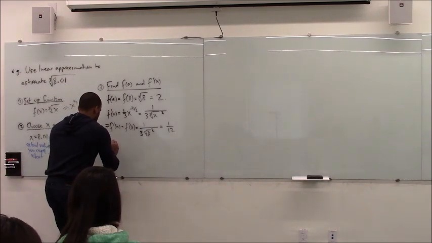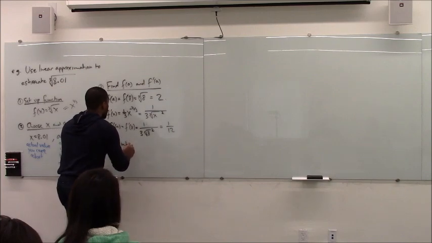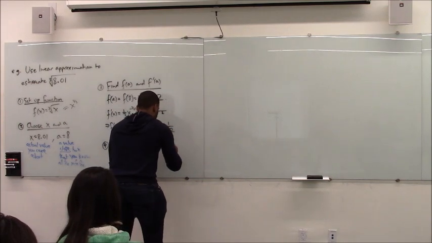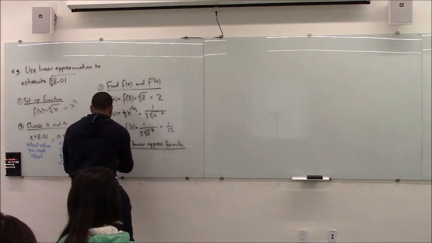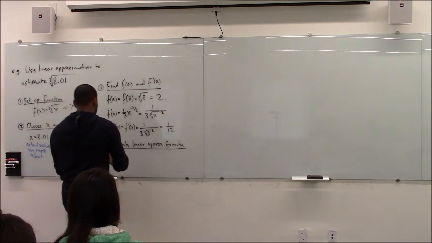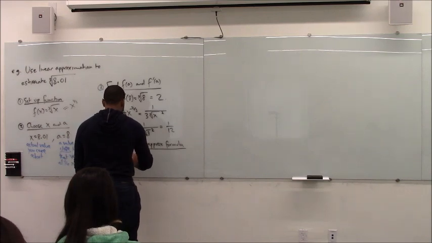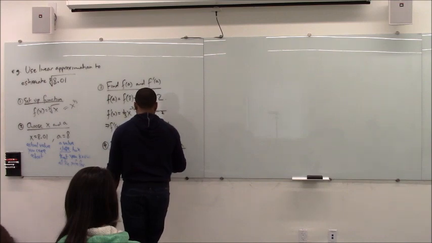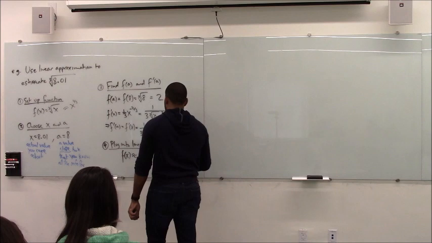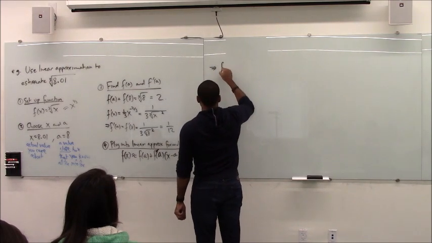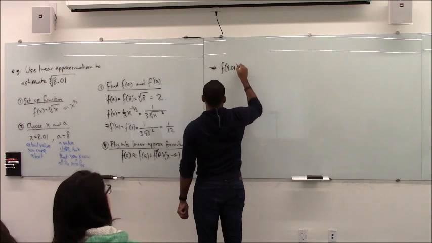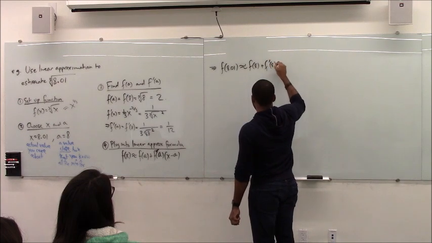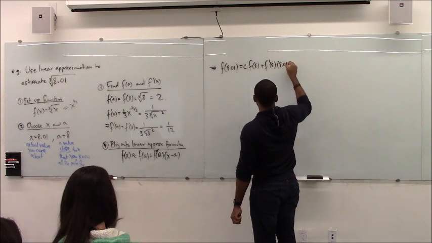Right, so at this point you plug into the linear approximation formula. So this is where your f of x is approximately equal to f of a plus f prime of a times x minus a. Or in other words, your f of 8.01 is going to be approximately equal to f of 8 plus f prime evaluated at 8 times 8.01 minus 8.